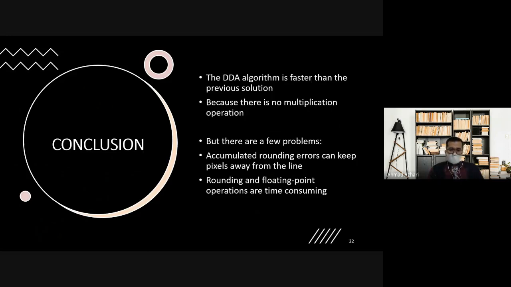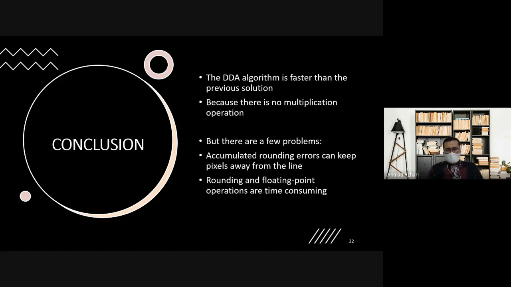You can increment x by 1 if the gradient is between -1 and 1, and you increment y by 1 if it is outside of that slope range. But there are a few problems.